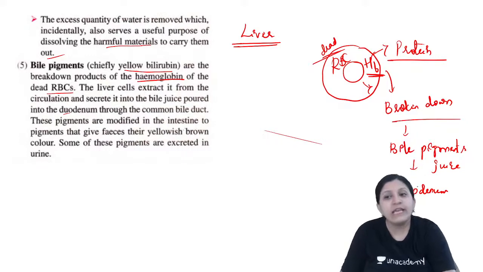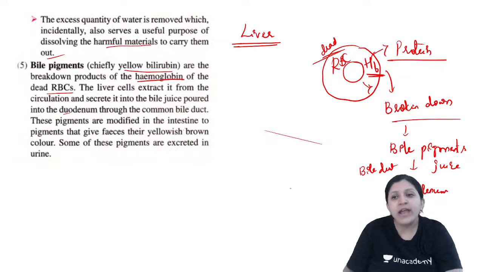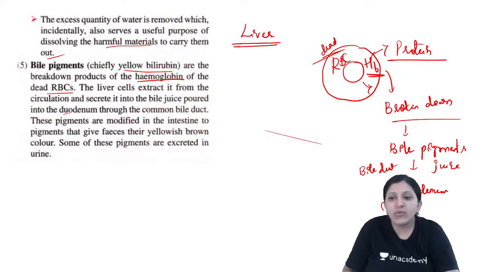So basically it will enter through the bile duct. Through the bile duct, this bile juice or bile pigment will enter into the duodenum. Then some modification will occur here.